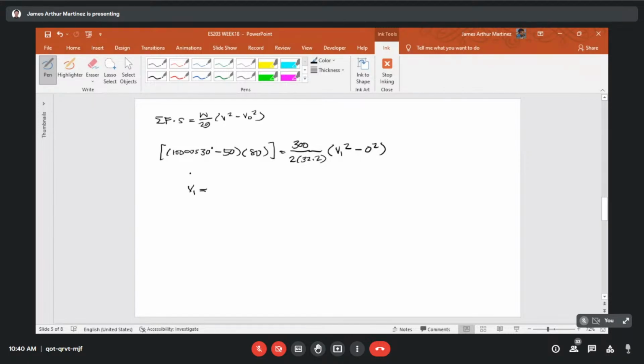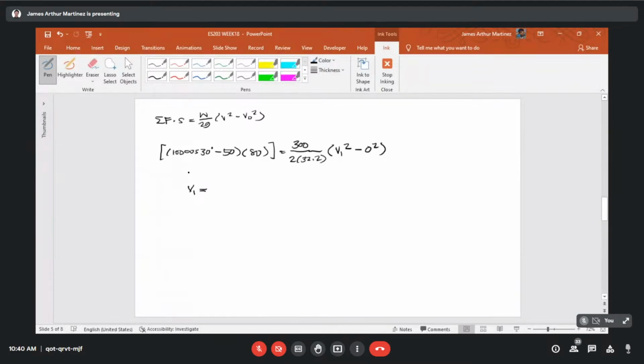So if we simplify that, we will have 100 cosine of 30 minus 50, multiplied by 80, times the quantity of 2 times 32.2 all over 300, and then the square root of the result.